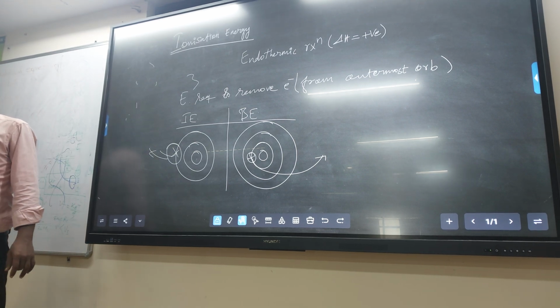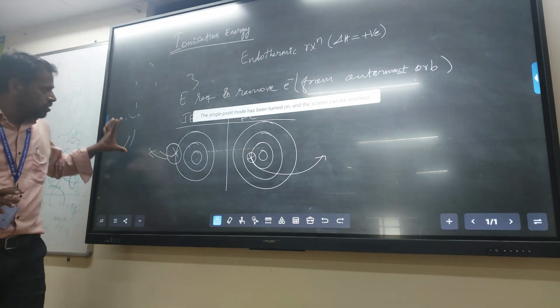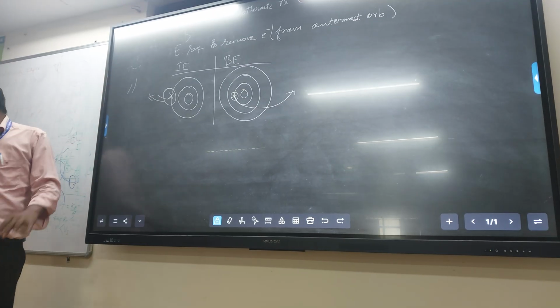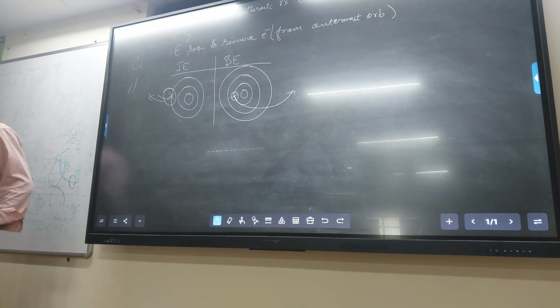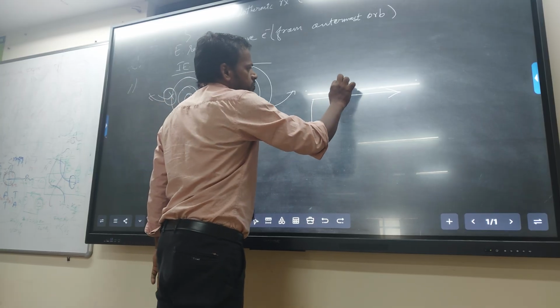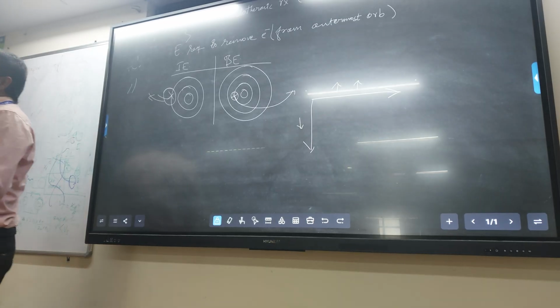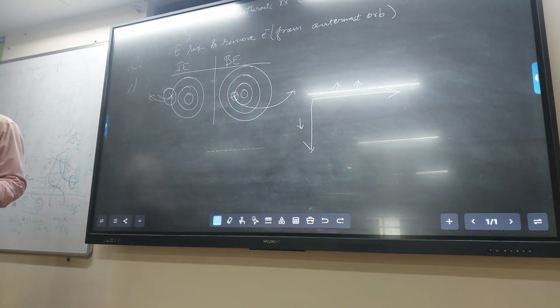So what is the general trend for the ionization energy? From left to right it increases, and from top to bottom it decreases. Why does the ionization energy increase from left to right and decrease from top to bottom?